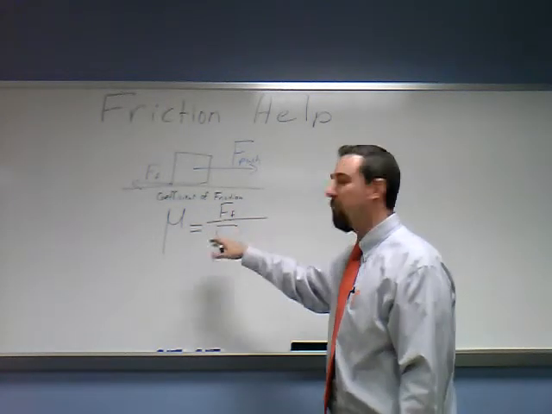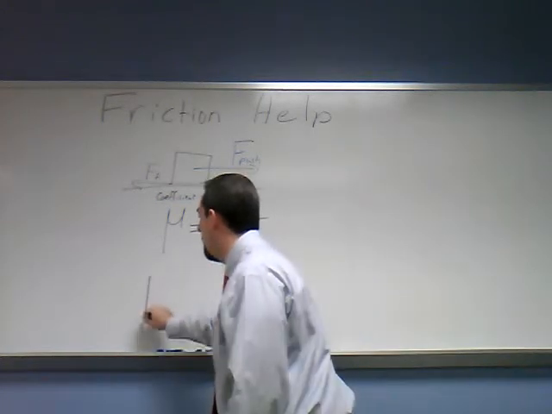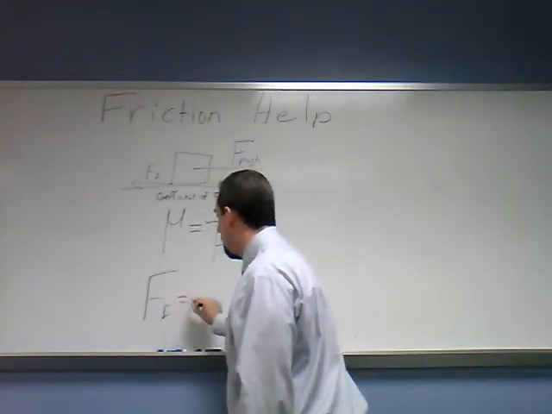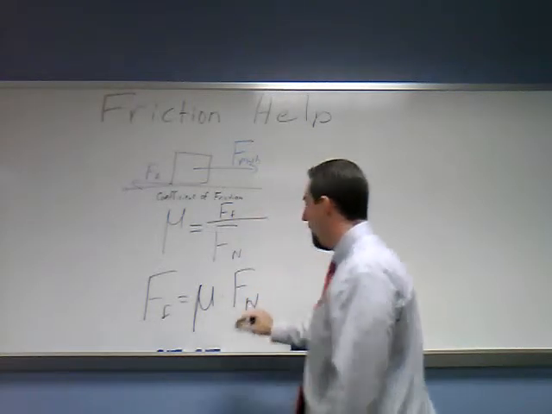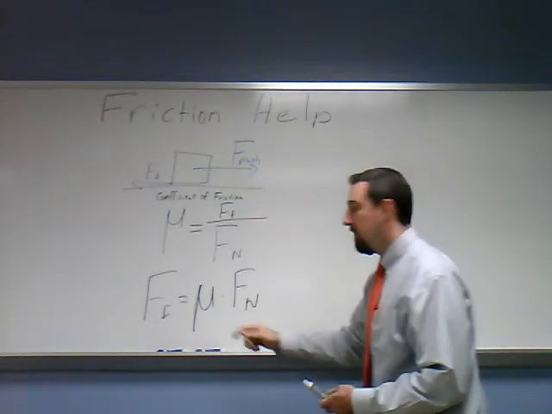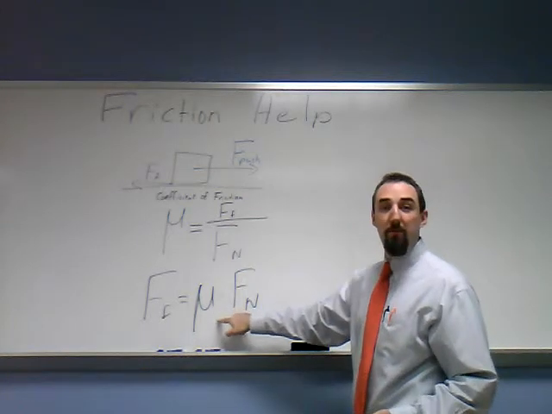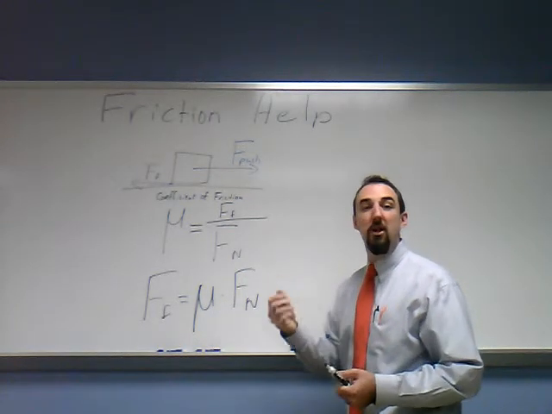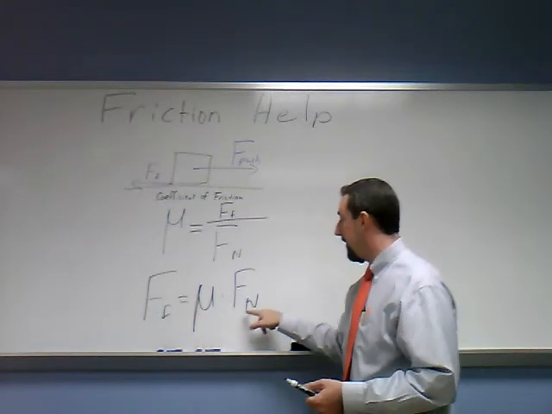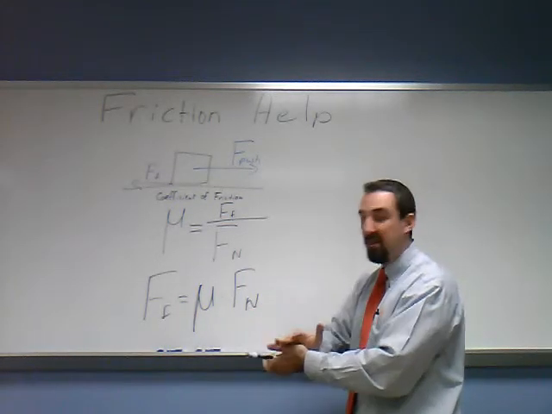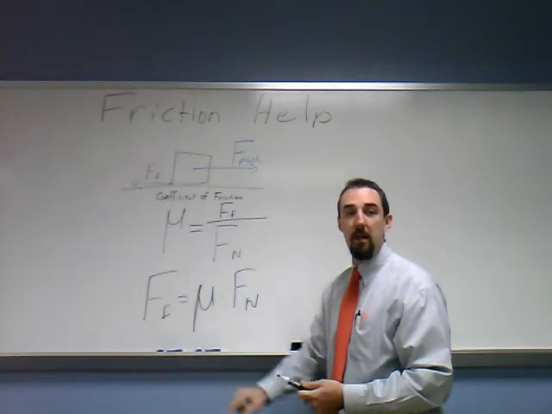Now typically we won't write it this way. Typically we'll write force of friction equals mu times normal force. And what this says is, the bigger my coefficient of friction is, or the more friction-y a surface is, the more friction force I get. The harder I'm pushing between two things, the more friction force I get.